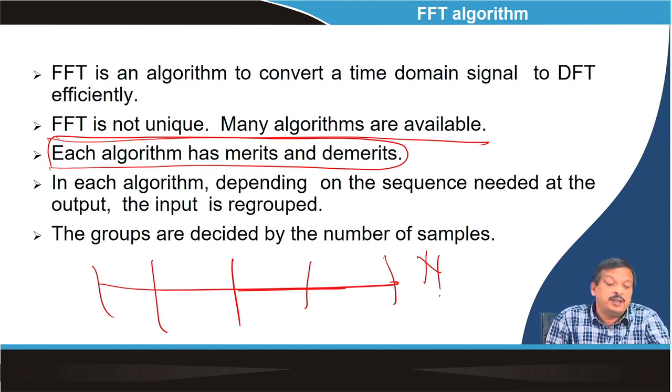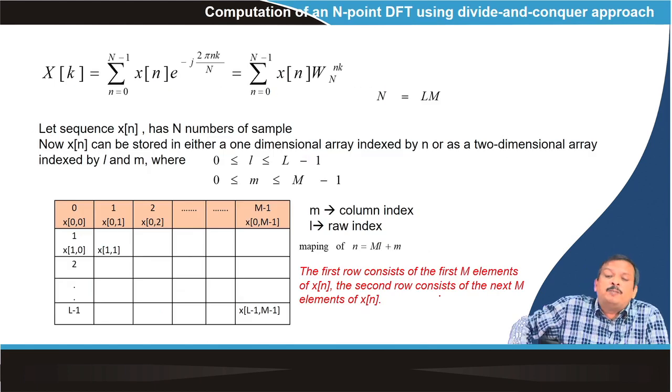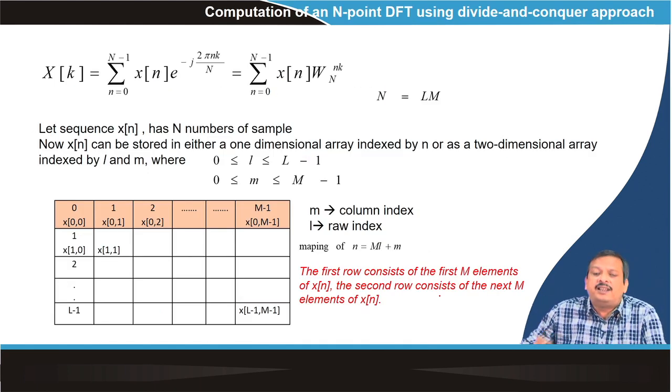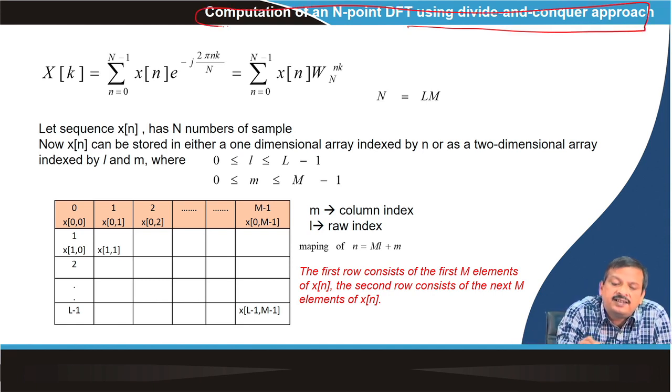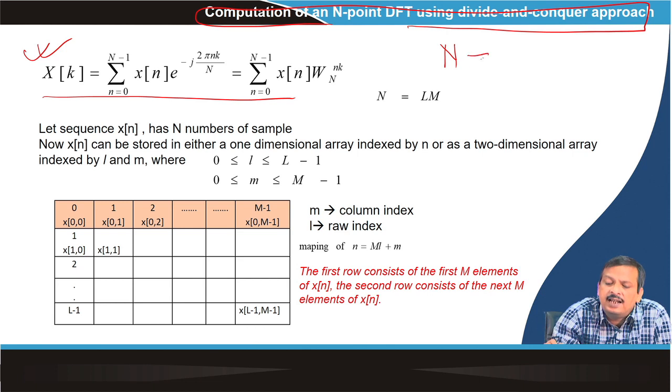Let us say we compute an n-point DFT using the divide and conquer approach. Let us say I have to compute an n-point DFT. So this DFT length is n, and n is equal to L into m.